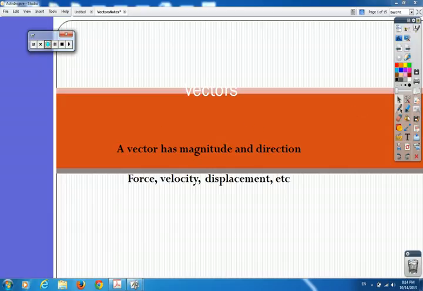So our vector is simply going to be represented by an arrow. The length of that arrow is the magnitude. The direction is whichever way this arrowhead is pointing. So this would be, say, 25 meters per second to the east. But it could be force, it could be displacement, anything with a magnitude and a direction.